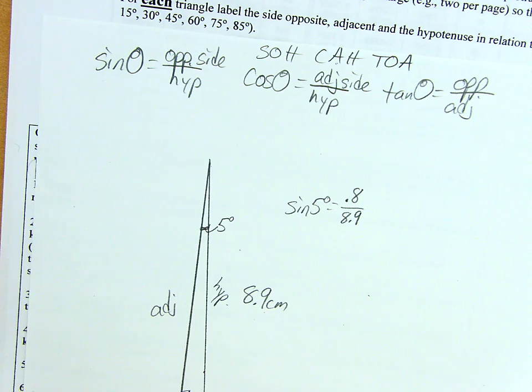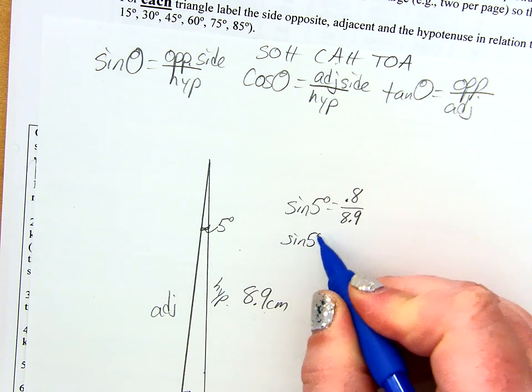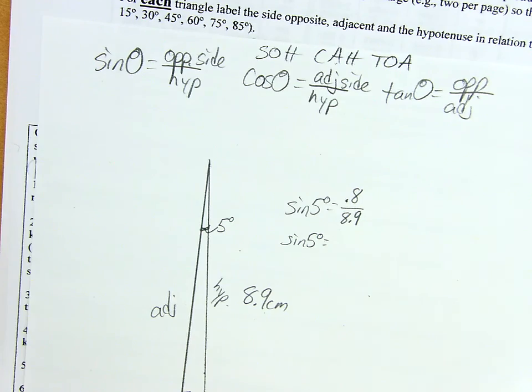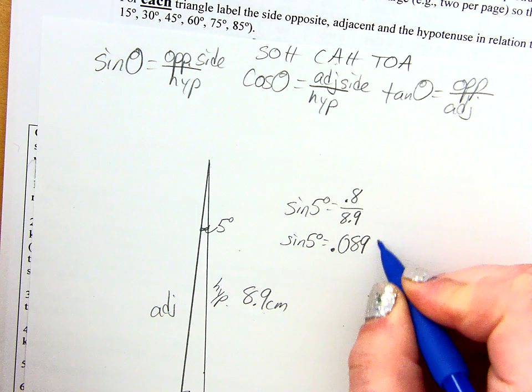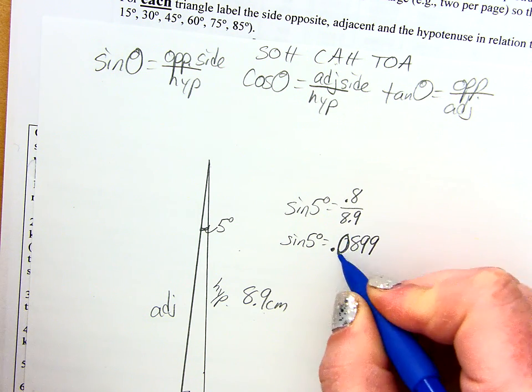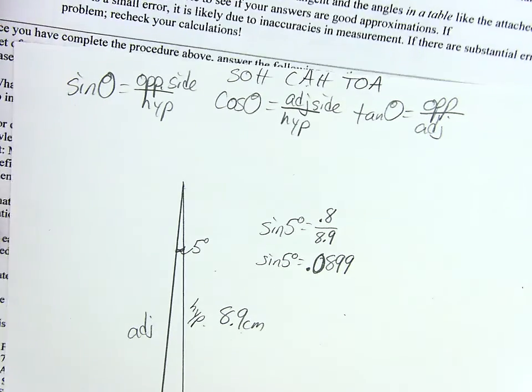You're then going to actually do that division and see what comes out. So the sine of 5 degrees comes out to be, let's see what 0.8 divided by 8.9 is. I got 0.0899. You're going to go out to 4 decimal places. I don't know if it says that on this sheet.